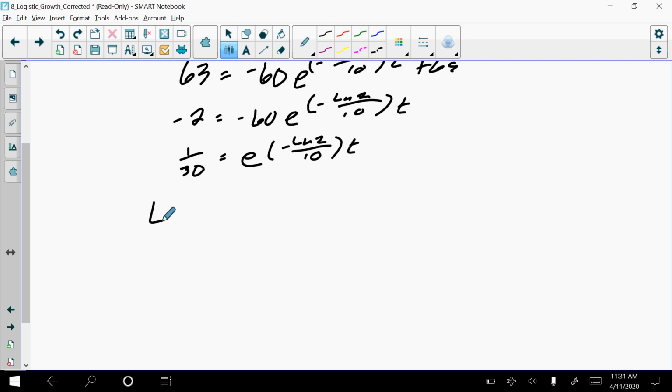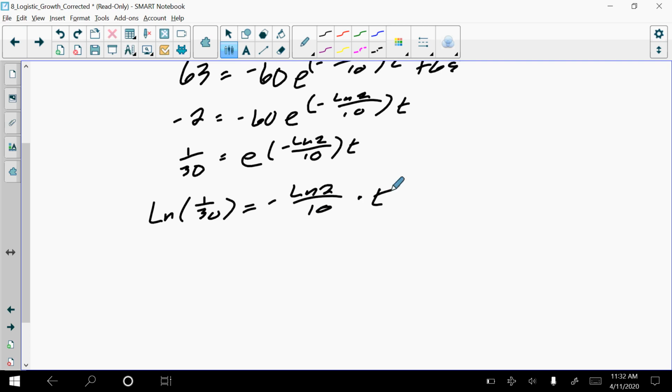So we're going to get the natural log of 1 over 30 equal to negative natural log of 2 over 10 times t.